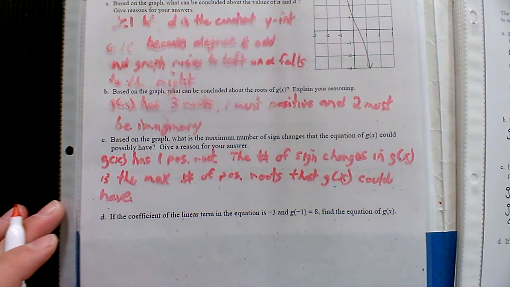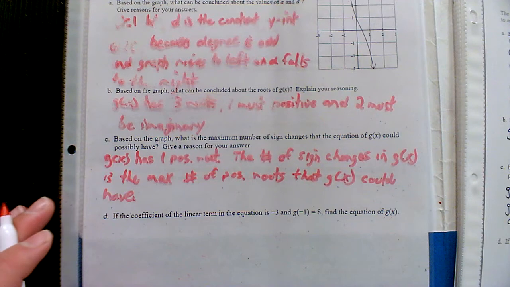So we're saying the number of sign changes in g of x is the max number of positive roots that g of x could have.